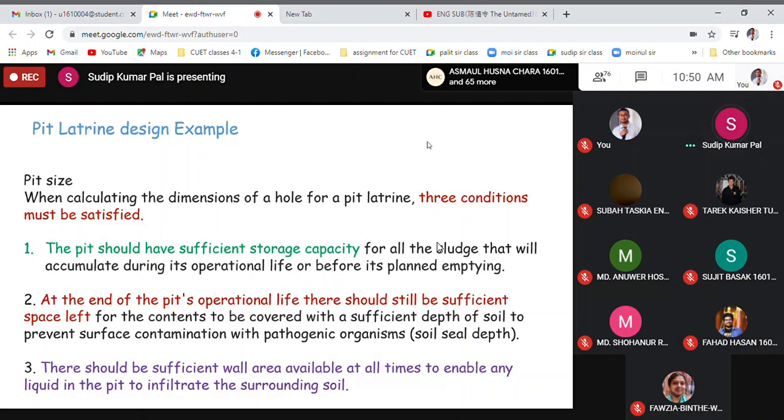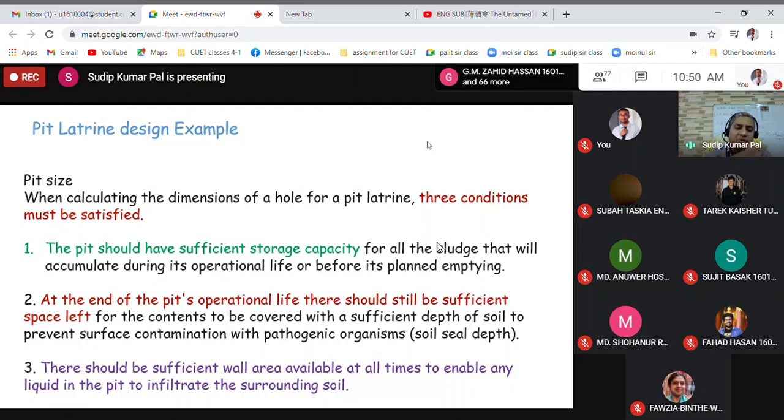That means we do not want sludge or urine to come up to the surface level, where there might be a chance of surface contamination, leakage, bad odor, flies, etc. Because that pit will not be used, it will be safe. And after 4 or 5 years, that sludge becomes soil.